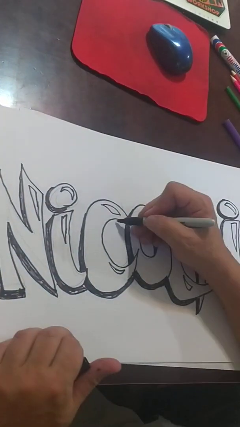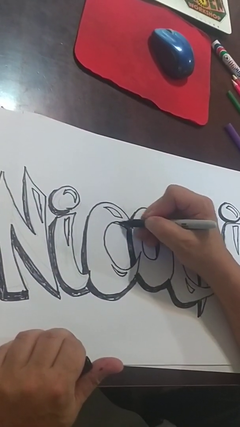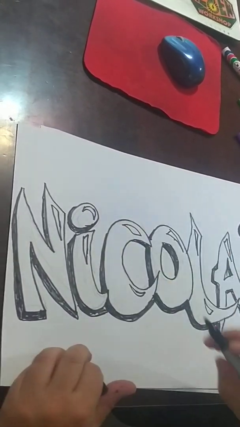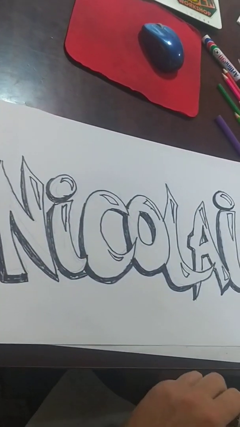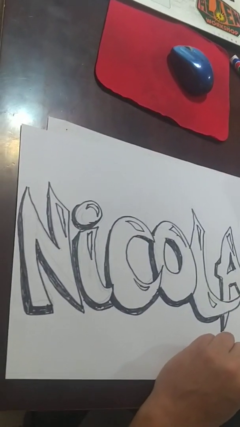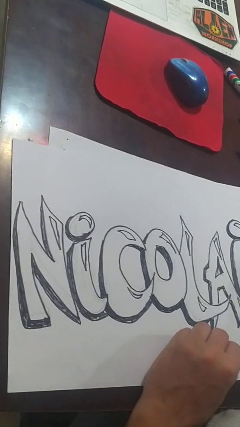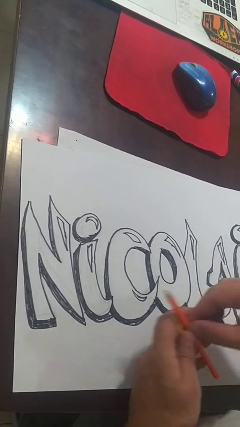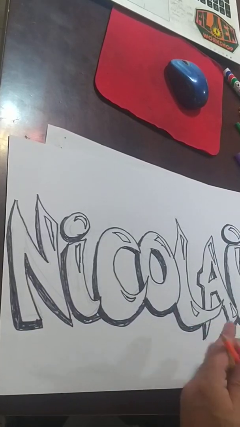Here we go. We have my name written in graffiti letters. Okay, now what I need is a yellow, an orange, and a red.